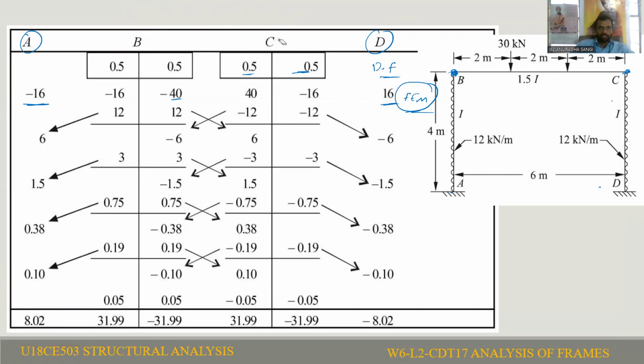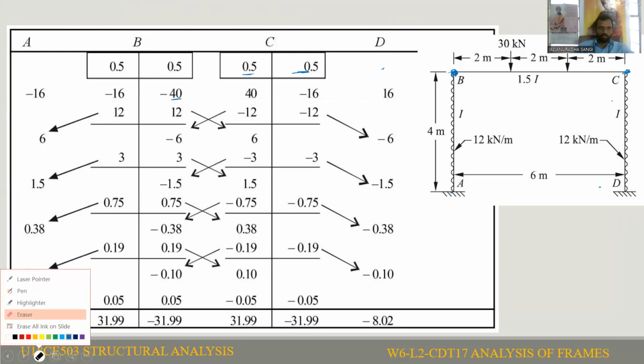Because it is not satisfying the joint equilibrium equation; the summation of moments at joint B is not equal to 0. So to satisfy the joint equilibrium equation, we have to add plus 24. We need to balance it. So plus 24 kilonewton meter we are adding here.